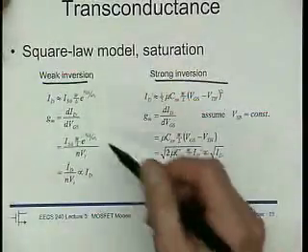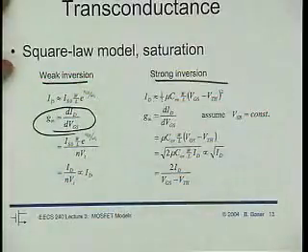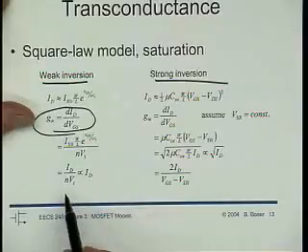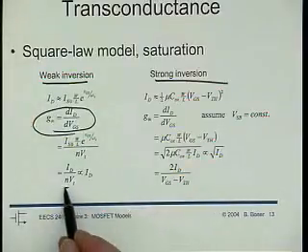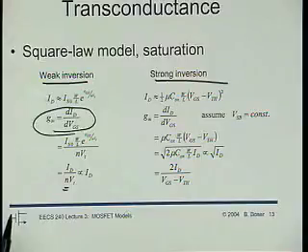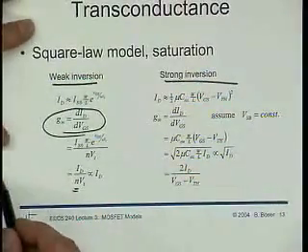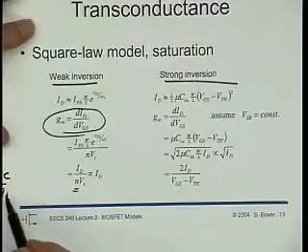So I use this equation for calculating Gm, and I found that Gm for my weak inversion transistor is really ID over Vt, and this little factor 1 over n here, that's really exactly like a bipolar transistor. In a BJT it would be IC over Vt, right? That's the BJT.